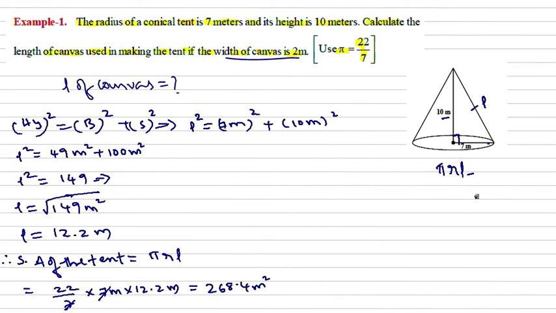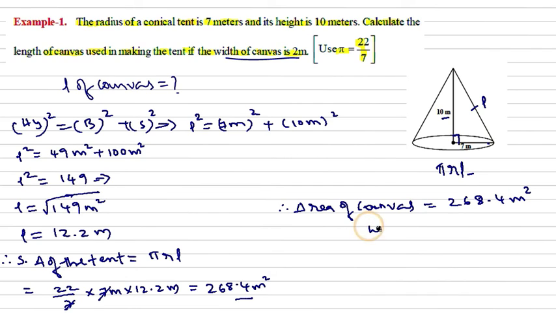Now the canvas is in the shape of a rectangle, so here the total area of the canvas is 268.4 meters square. Therefore area of canvas is equal to 268.4 meters square.